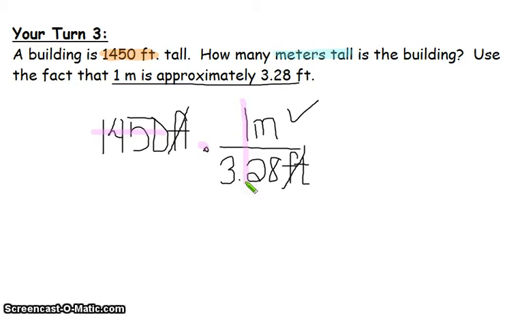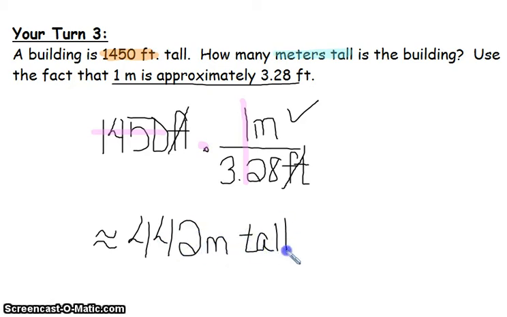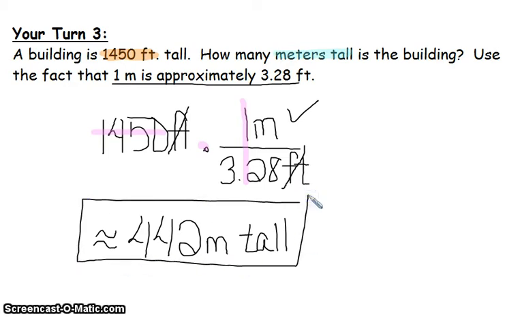So if you go ahead and multiply that, you should have gotten approximately, because you do get a decimal, 442 meters tall. Being able to convert based on that word problem.